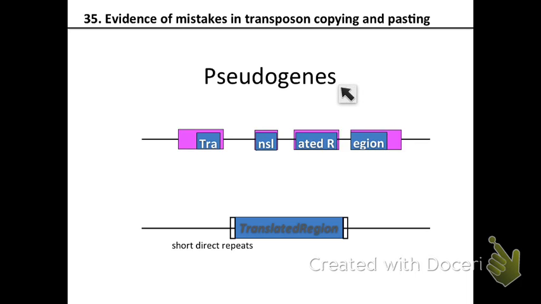Pseudogenes are genes that, when you look at their sequences, are very similar to the sequence of a gene that's already present, but have accumulated lots and lots of mutations, okay? So it doesn't encode for a protein product anymore. So it's called a pseudogene. Looks like a gene, but it's not.